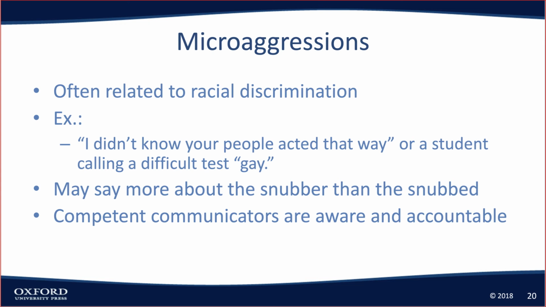Or I don't know if we call a difficult test gay, where people will say, oh, that's so gay. What exactly does that mean? And as the textbook says, it really says more about the person who is doing the microaggression, the snubber, than the person that they're trying to snub.